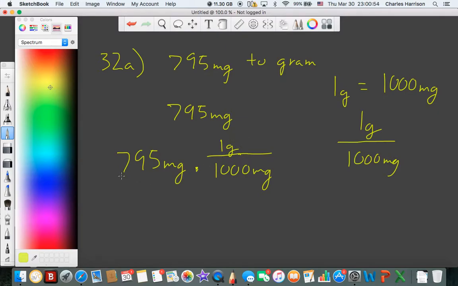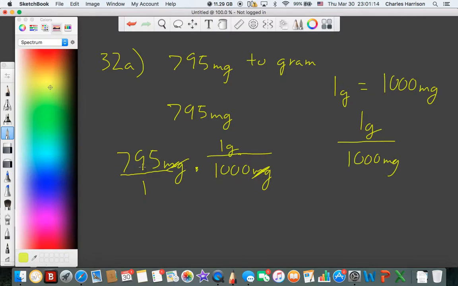So this is really 795 milligrams over 1. So that's up above. So we need to times by a ratio that has the milligram down below, which we've done. So now the milligram can cancel out, right? We can think of this as like x. When we have an x on top and x on bottom, we can cancel those out.